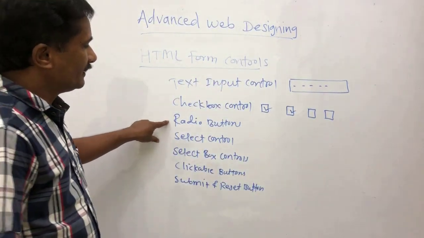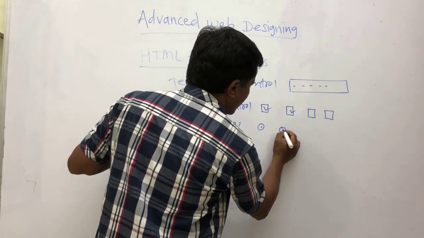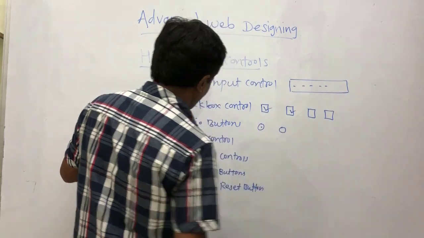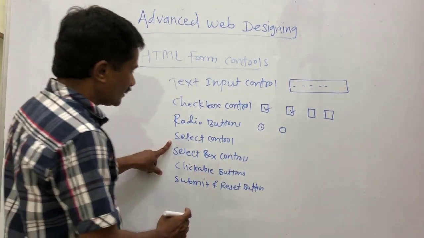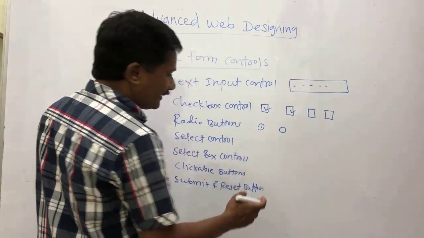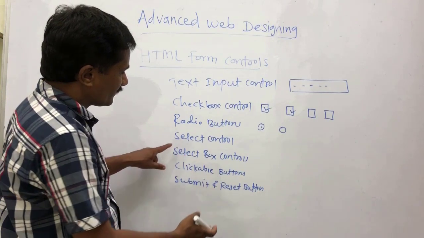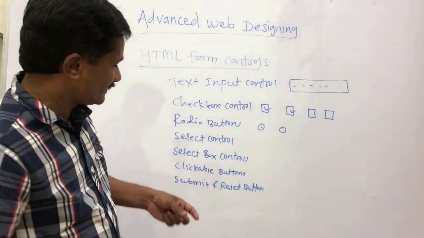Then radio button. Radio button lets your user select one value from the list of values. Next is select control. Using this control you can create the list box. Another is the select box control. You can create the combo boxes.